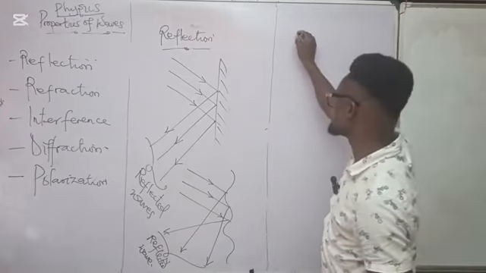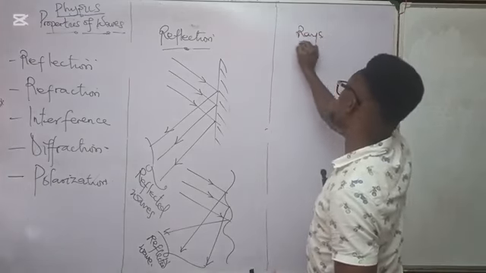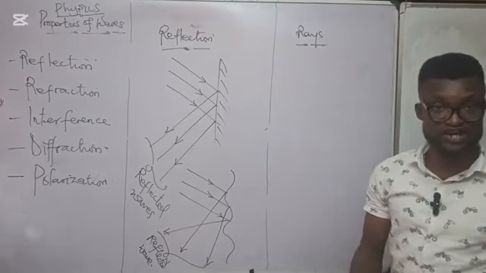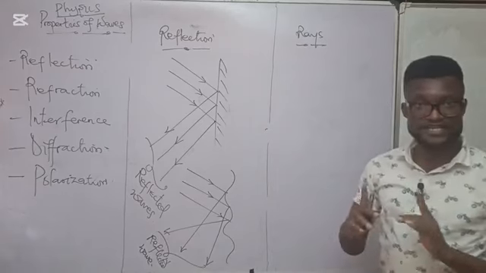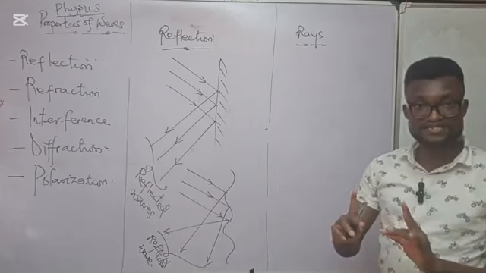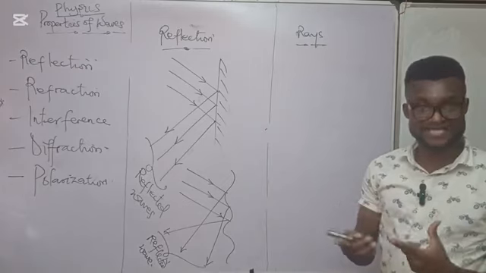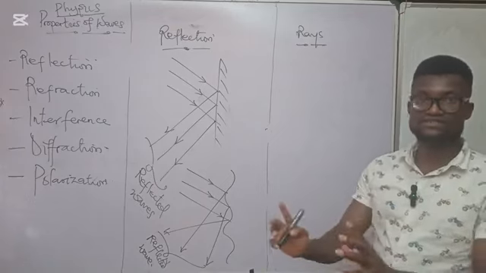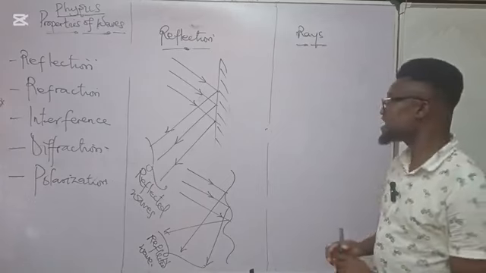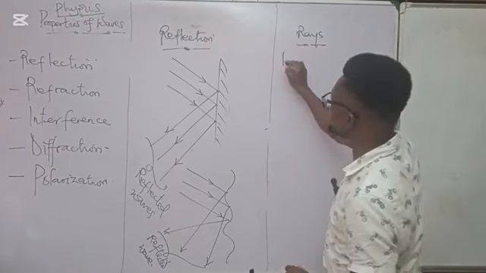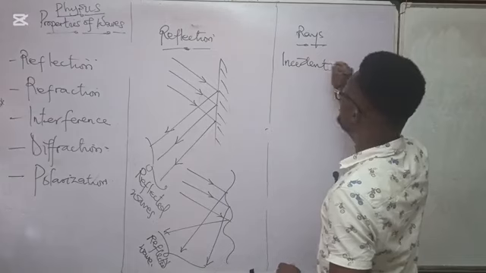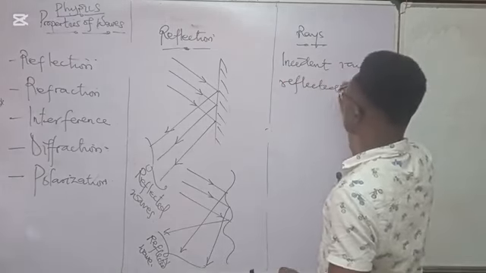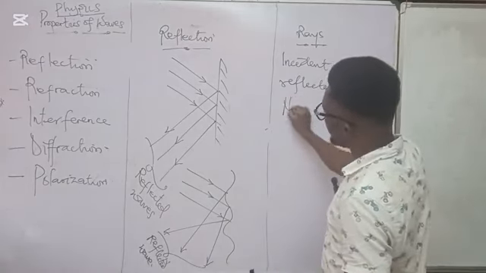We talked about rays as a path through which light or waves travel. So a ray is just a single line that represents the path through which light, or any other waves, travel. In that case, we have the incident ray, the reflected ray, and the normal ray.